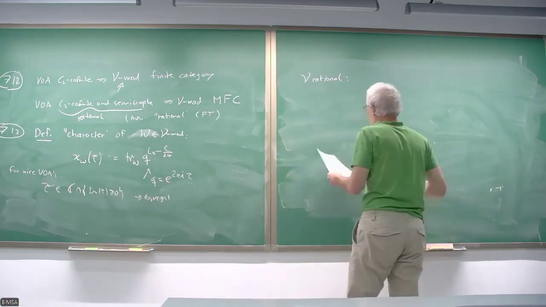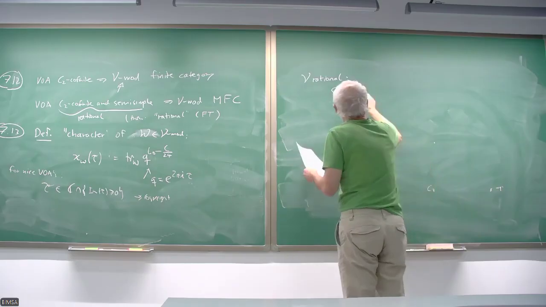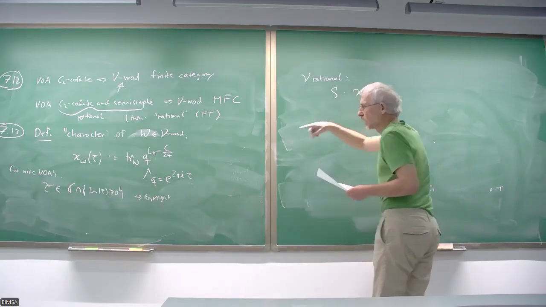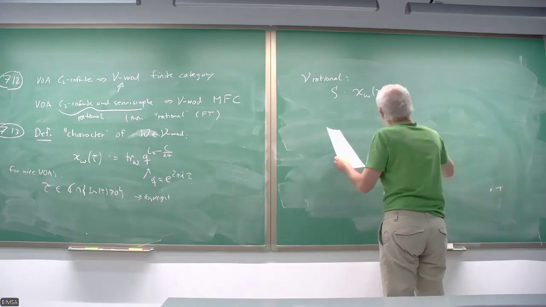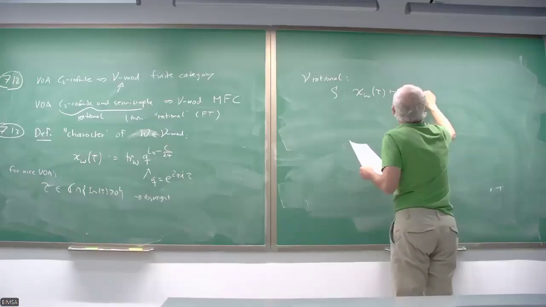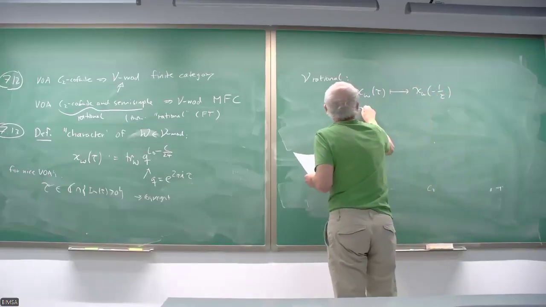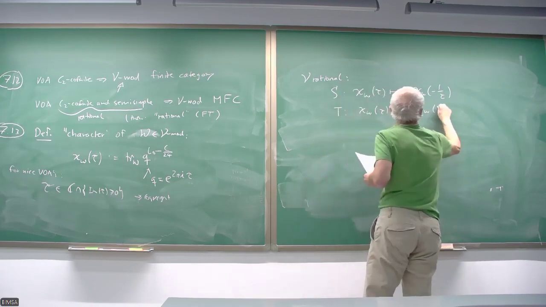Then one can define the following transformation S, which sends chi omega of tau, now regarded as a variable in the upper half plane, complex number, to chi omega of minus 1 over tau, and T sending it to chi omega of tau plus 1.